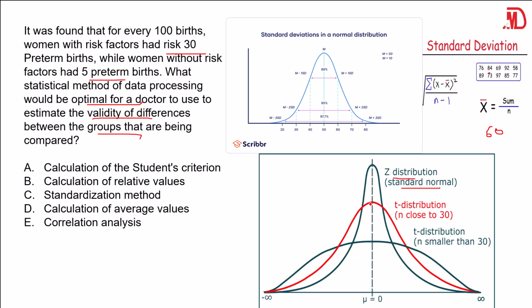Now, if the n under discussion, or the sample size, or the size of the population under discussion, is a sample representing the whole, then we are using the t distribution or the student distribution.